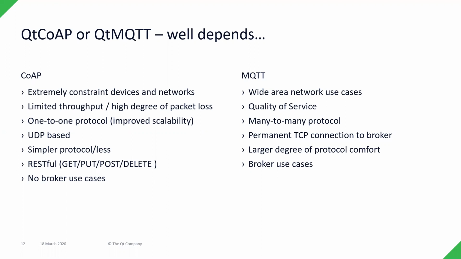So CoAP is really drilled down to the bare essentials, really constrained devices and networks, both essentially. You saw my earlier indication of what code and RAM you might need, and even the network part, you can basically run it over very unreliable networks with very low input, and the message format also supports that as much as possible. By nature, it can basically recover as well.